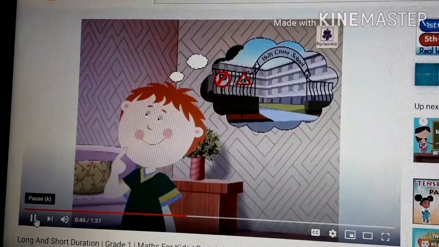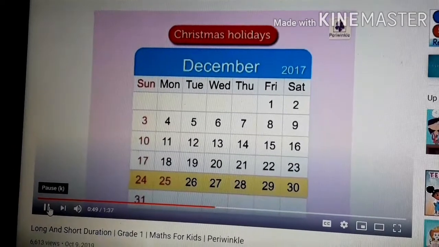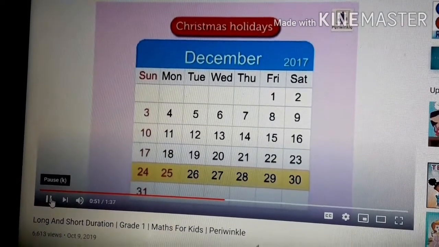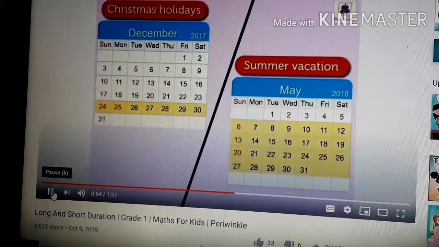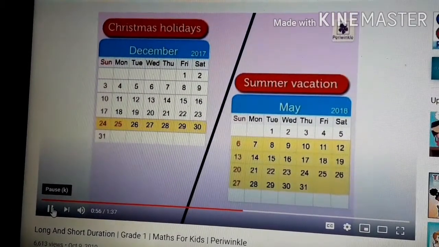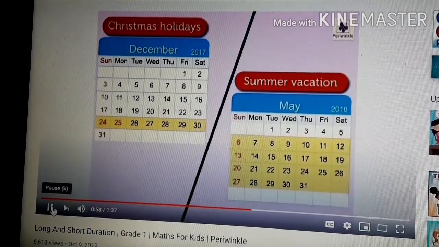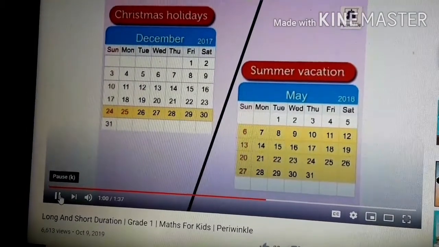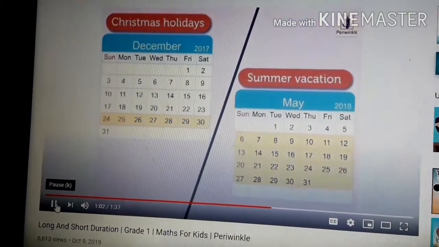Let's look at another example. Andy's school remained closed for 1 week for Christmas. But his school remained closed for 4 weeks for summer vacation. So, what do we understand from this?